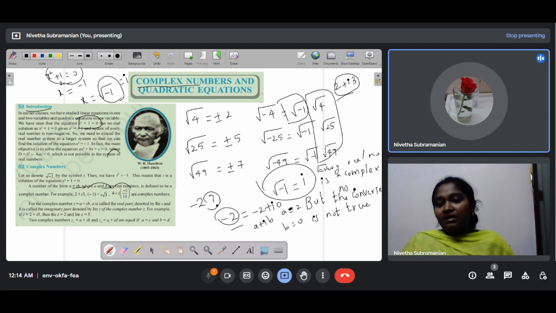That is, the real part of the first complex number should be equal to the real part of the second complex number, and the imaginary part of the first should be equal to the imaginary part of the second. When that holds, I can conclude that the given two complex numbers are equal. So this is just the basic intro of complex number theory. I hope you all understand.